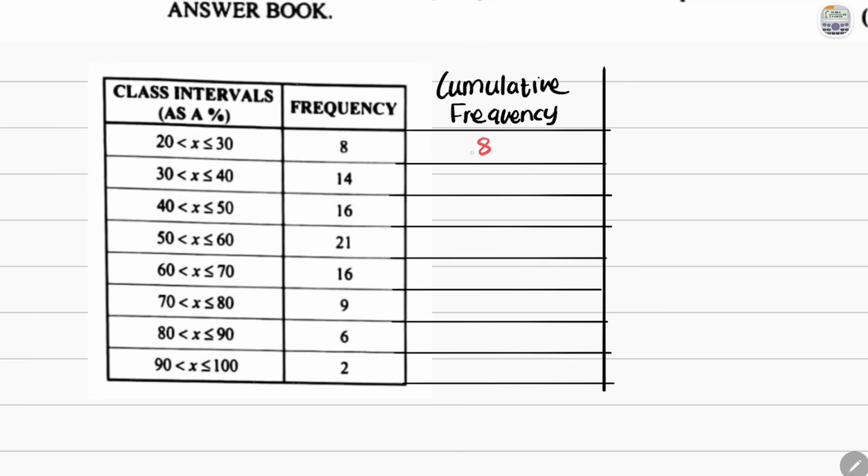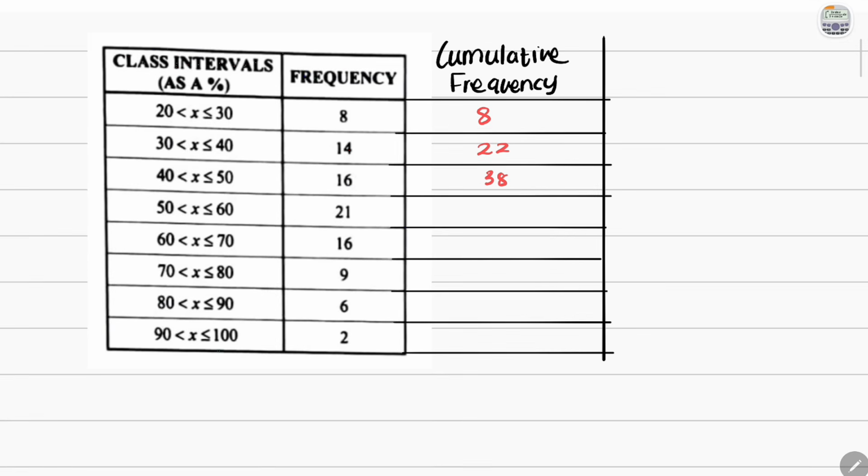After 8, it's 8 plus 14, which is 22. Then 22 plus 16 gives us 38, and 38 plus 21 gives us 59. Just make sure to use your calculator so you don't make mistakes.